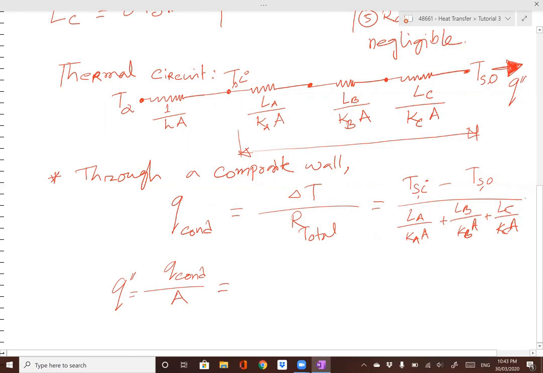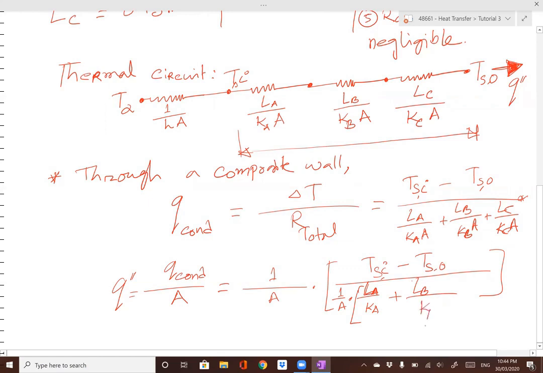So with the Q value from here, we can write 1 over A times Q is the inner surface temperature minus the outer oven surface temperature, over L A over K A plus L B over K B plus L C over K C. If I take 1 over A common, this A will cross out.